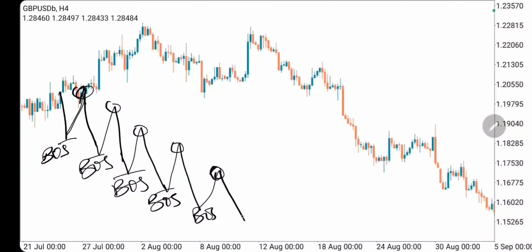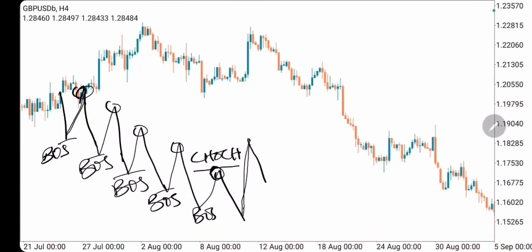But when a previous high is taken out in a bearish phase, when this retracement now takes out the previous high, we have what is called the change of character, a bullish change of character here. When that occurs, it is a signal that the market trend is about to change.